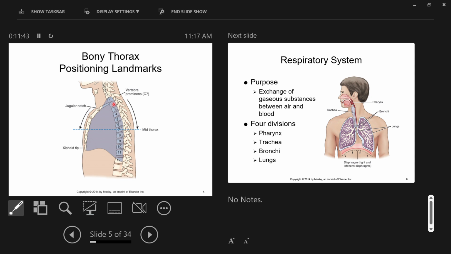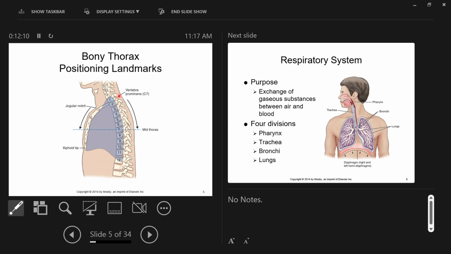Things to think about, bony landmarks that you can find on the body. I showed you one of them already. That's called your jugular notch. That's right here in the front, okay? Four to five inches down from the jugular notch is your mid-chest, which is roughly the width of your hand. Okay, you're going to need at some point to measure how wide your hand is to use that as a measuring tool.